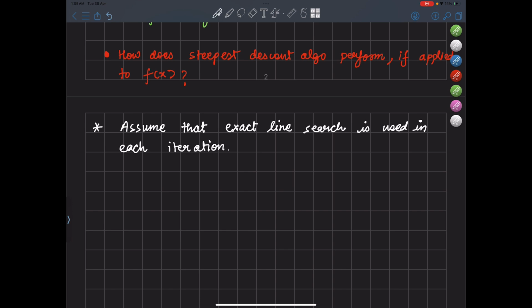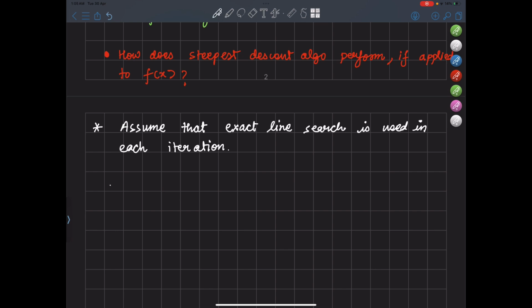This is because for a quadratic function, it gives a very good expression for the step length. You can also use inexact line search, but exact line search will give you a very good closed form expression for the step length. That's why we are using it.